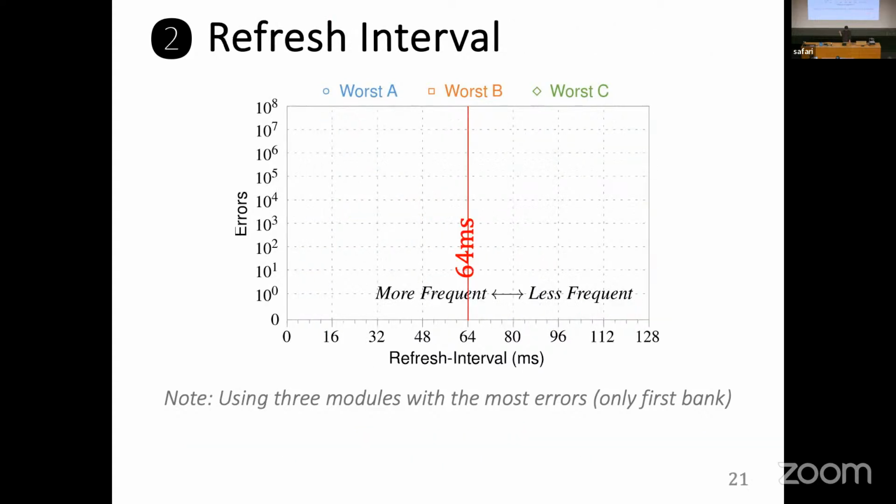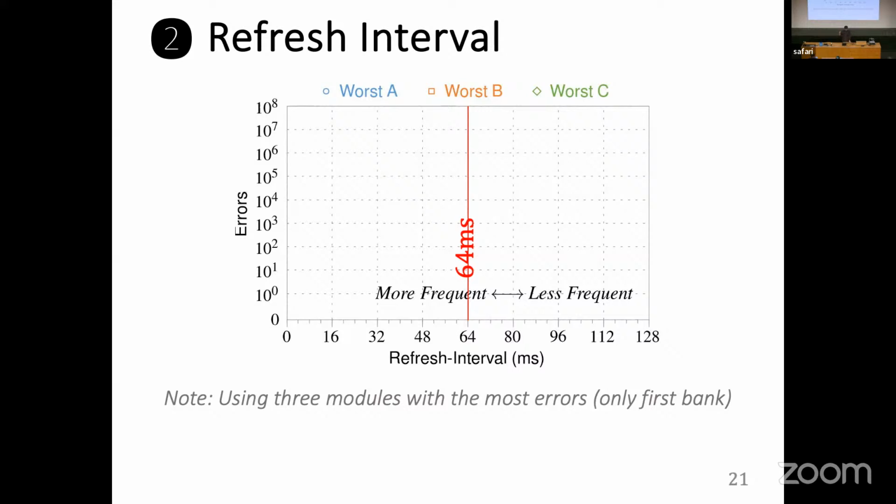And they also investigate this: because DRAM stores information as electric charge, by hammering it you accelerate charge loss. So if you refresh it more often, such that even with the highest toggling rate or activation rate you cannot cause enough charge loss, then you can effectively mitigate this problem.